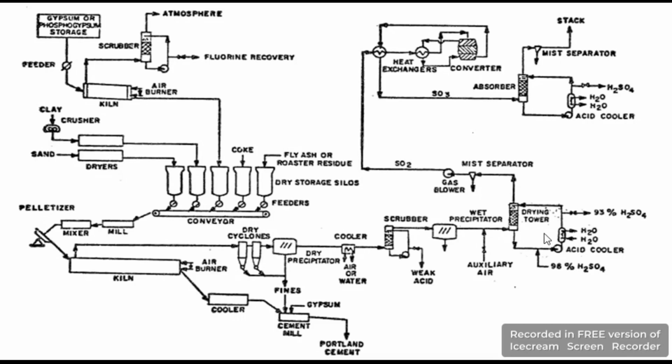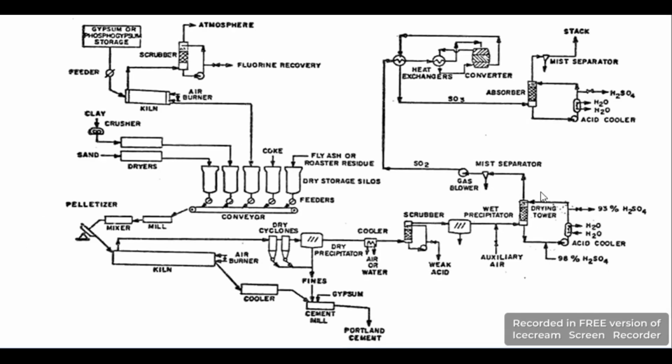For more processing, it will go through gas blowers, and the gas blower will increase its pressure so it may be sent towards other sections of the process. SO2 gas will move toward the converter, where a catalyst will be provided for further reaction, and during this reaction sulfur dioxide gas will convert into sulfur trioxide.